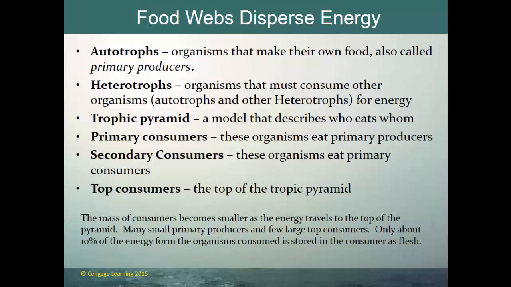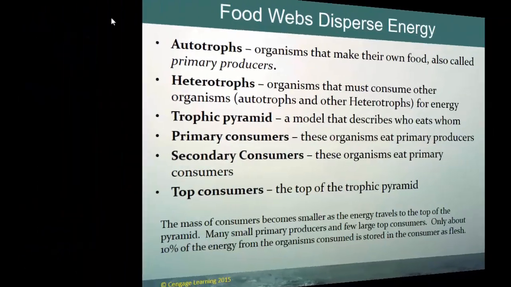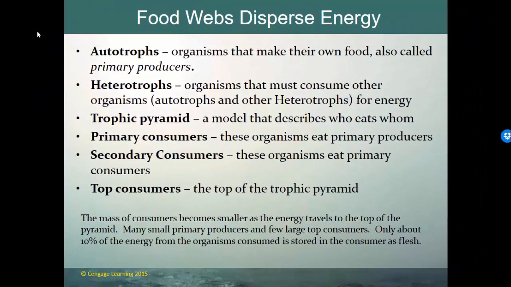So the trophic pyramid is a model that describes who eats whom. And we'll take a look at that trophic pyramid on the next slide. There are lots of primary producers, more primary producers than anything else, both in mass and in numbers, and primary consumers eat primary producers.